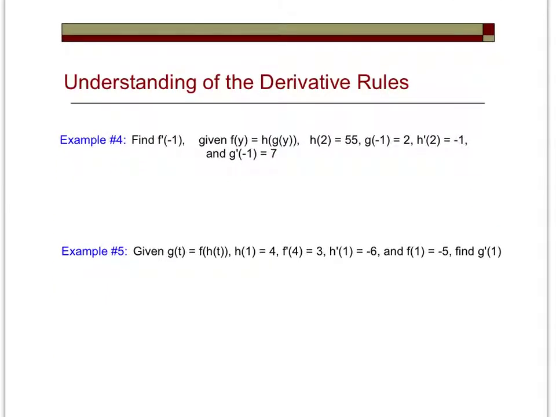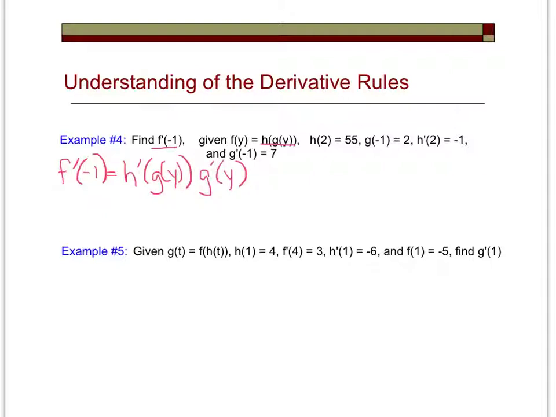Looking a little bit more at some examples, here we're going to talk about the chain rule, okay? So we are told we have to find the derivative of f at negative 1. And we're told that f has a value of h of g of y. Well, to find the derivative of this function, chain rule says we take the derivative of the outside, and the inside stays the same, and then multiply that by the derivative of the inside.